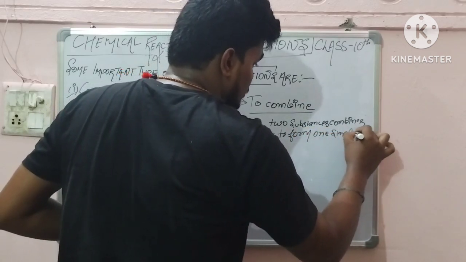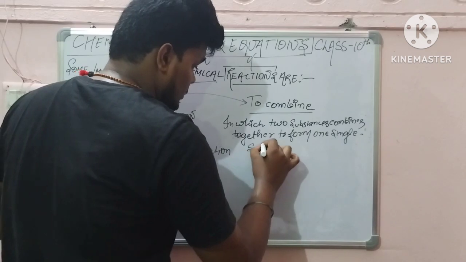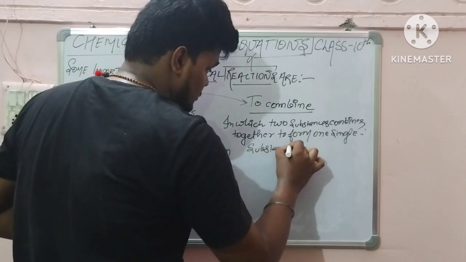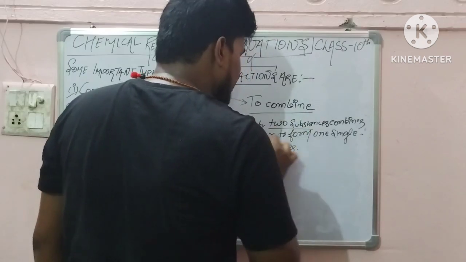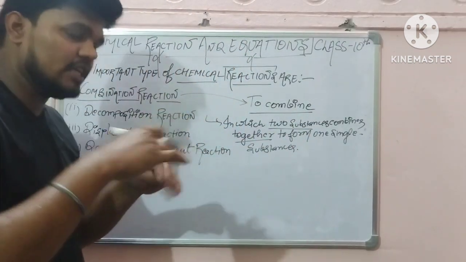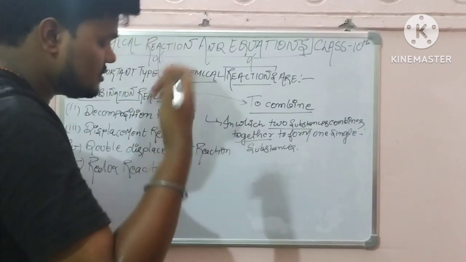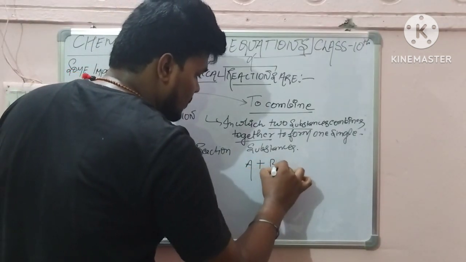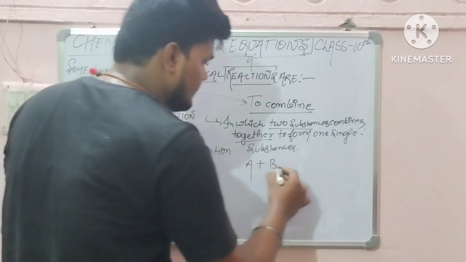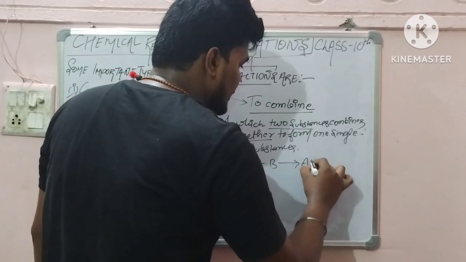Dear students, there will be two substances, they will combine together and they will form one single substance. We can also study like this: A is one substance plus B, another substance, they combine together and they give AB.